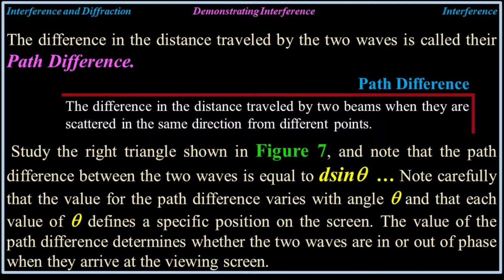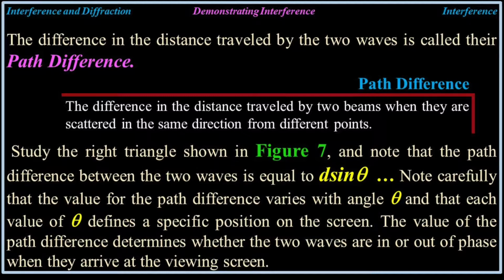The difference in distance traveled by the two waves is called their path difference. Path difference: the difference in the distance traveled by two beams when they are scattered in the same direction from different points.